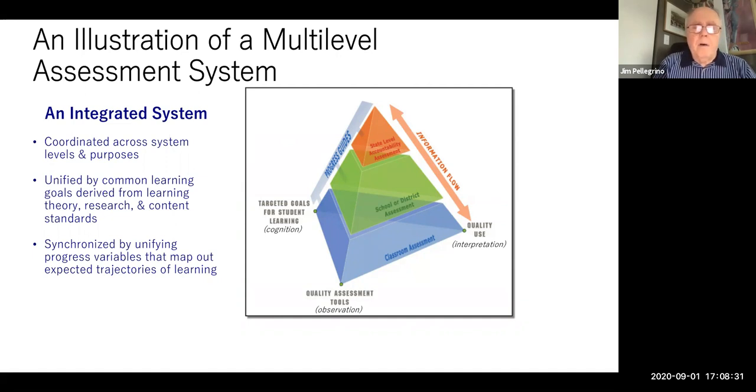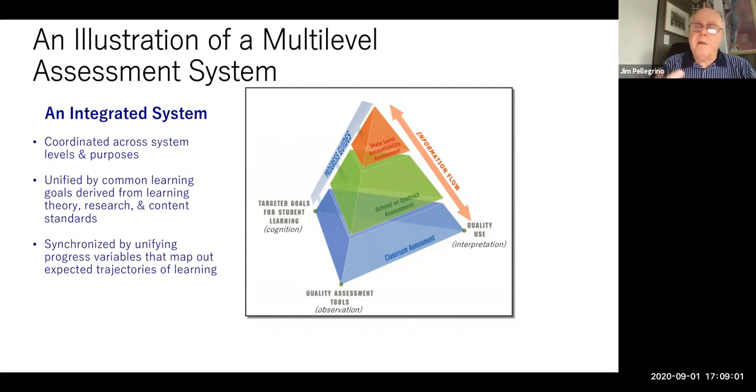Now, notice that in this representation, we have certain sets of things that we've identified as properties of this multi-level system. There are targeted goals for student learning, there are quality tools, and there are quality uses of that information, which more or less align with the 3 elements of the assessment triangle: the cognition, observation, and interpretation vertices.